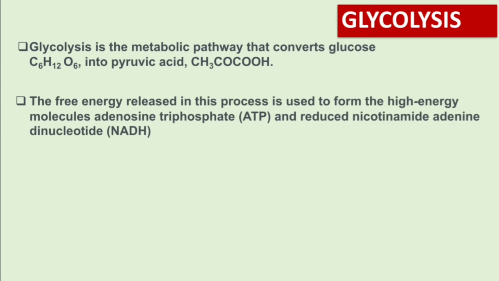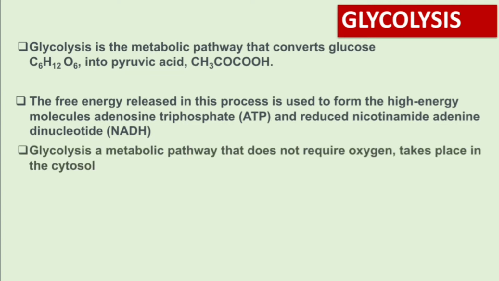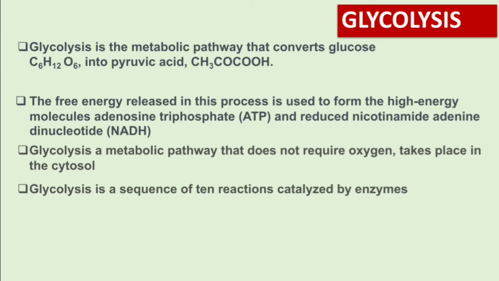The free energy released in this process is used to form high energy molecules of adenosine triphosphate, thus ATP, and reduced nicotinamide adenine dinucleotide or NADH. Glycolysis does not require oxygen, and it takes place in the cytosol. It consists of a sequence of 10 reactions which are catalyzed by enzymes.